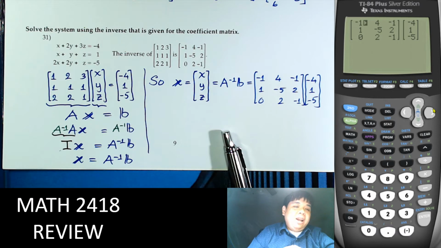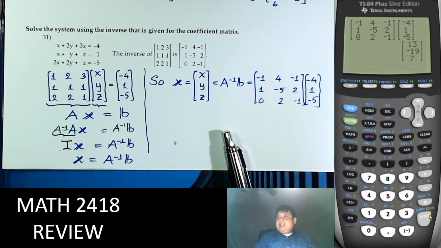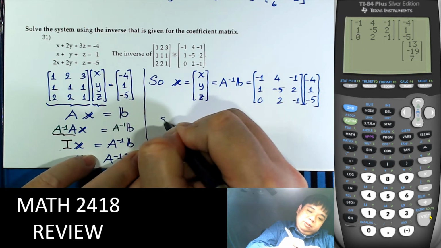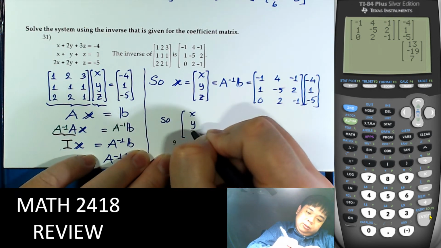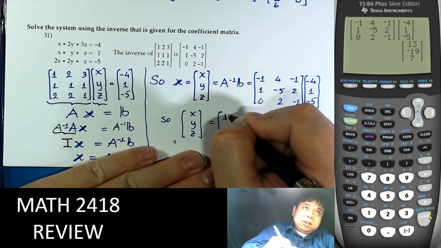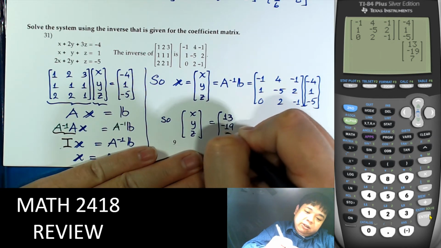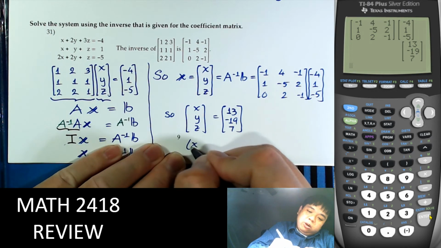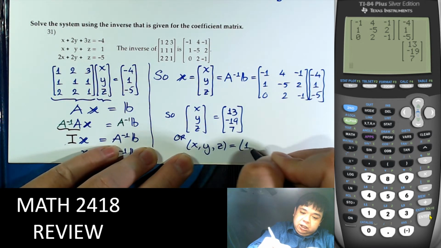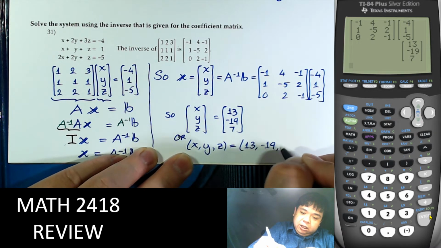Right. -1, 4, -1, 1, -5, 2, 0, 2, -1, -4, 1, -5. So that is the solution: 13, -19, and 7. So x, y, z is 13, -19, and 7.